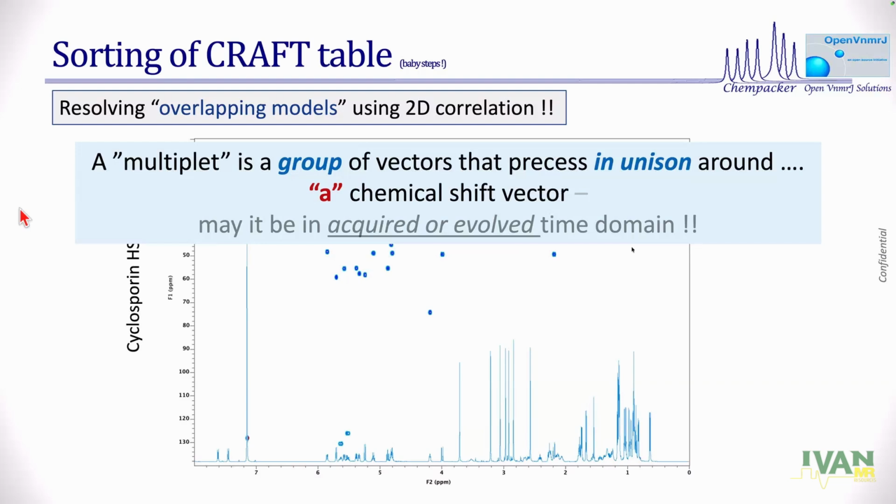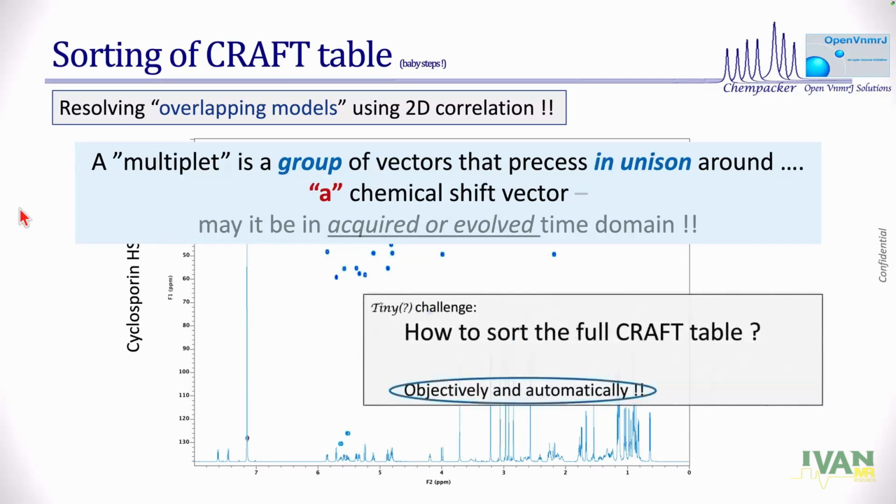As long as I can sort the multiplet around one of the two dimensions, I'm cool. I sort it. Once I have that, then I can do whatever I want. I'm still in the baby step. I come back to the same tiny little challenge. I need to do this. I think I have a way to do this. I still need to do it automatically and objectively.